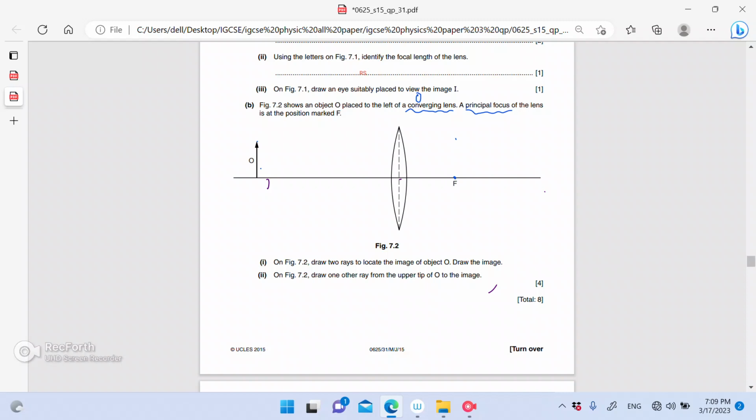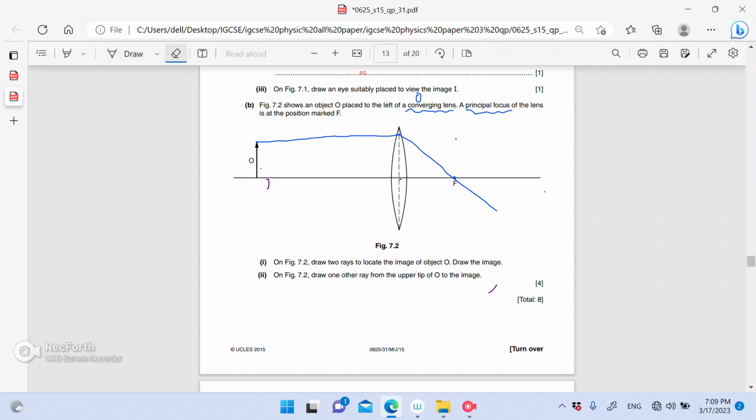You can see this one is far away from the lens. So when it is far away from the lens, the first ray will come like this and cross F1, and the second ray will come straight and cross the center of the lens.